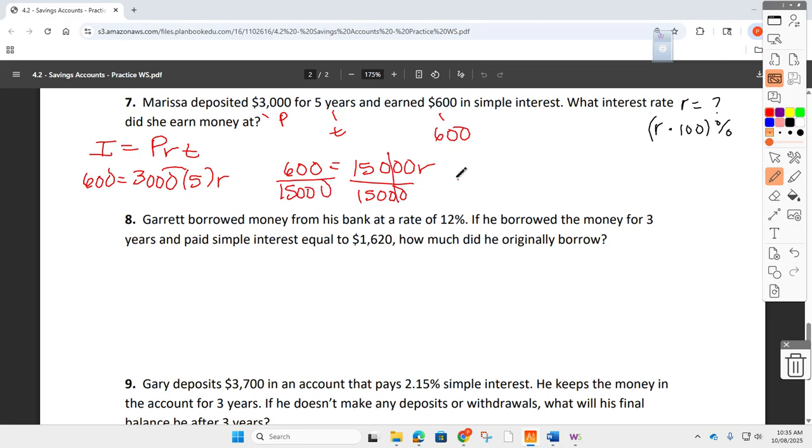And so now we get R equals 0.04. But for our final answer, it's 0.04 times 100, which is 4, and add the percent symbol. Make sense? Yep. Anybody else have a problem you want to go over? Number 9.